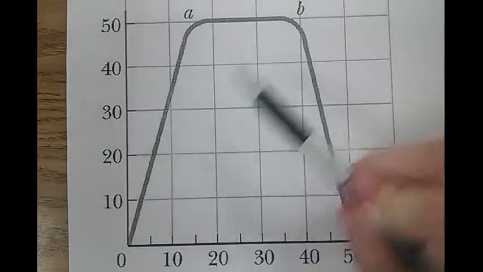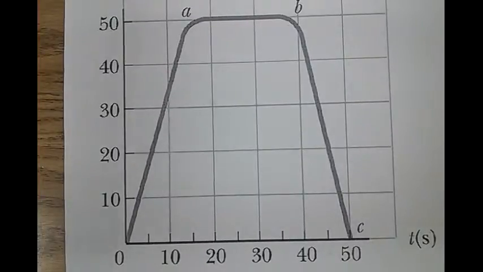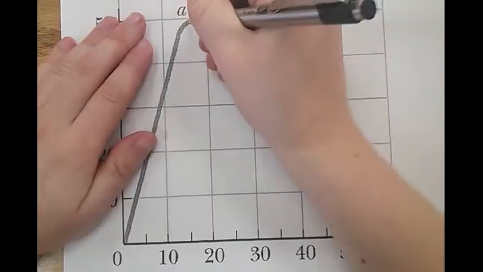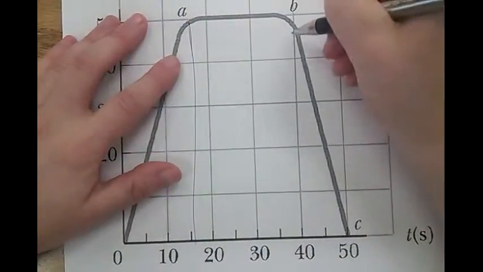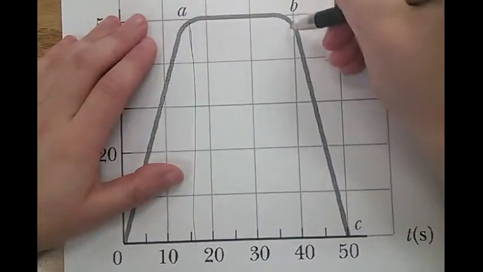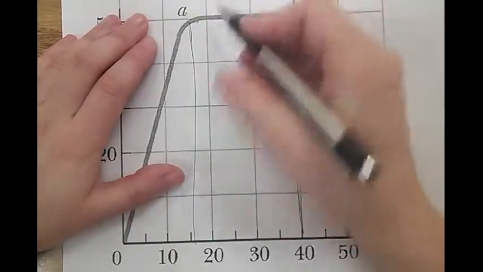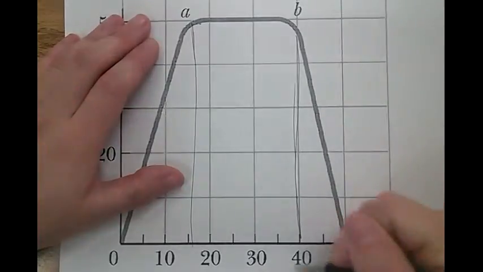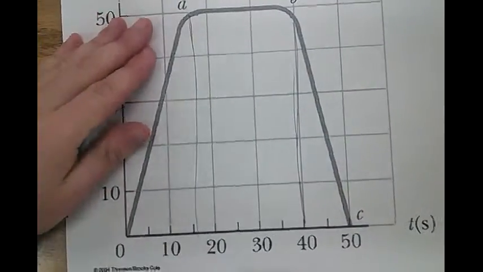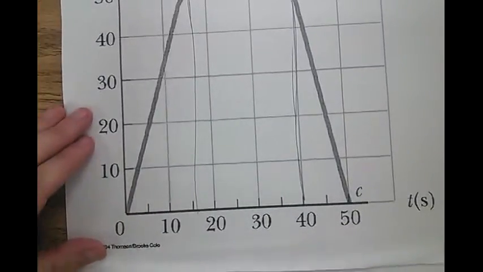So we just have to find this area here, and we can divide that up into segments. So the first segment is right here. Apparently I can't draw a straight line. This rectangle is our second segment, and then this triangle is our third segment. So remember, the area for a triangle is 1/2 base times height.